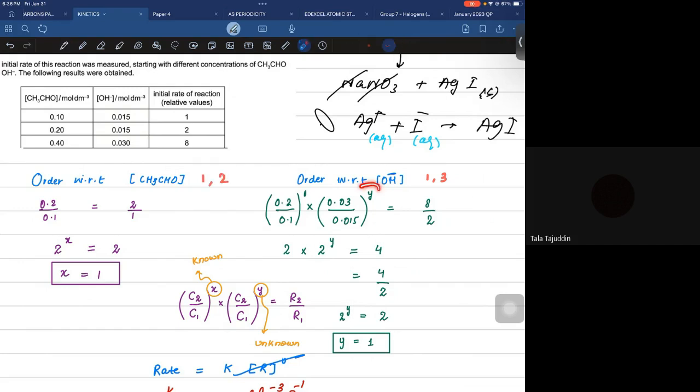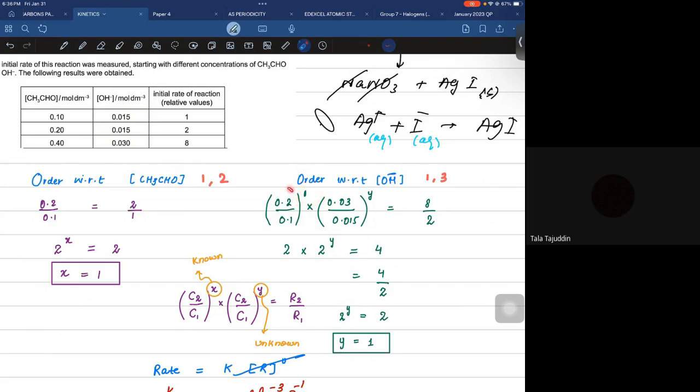So I have to find out the order of reaction with respect to OH minus. I have mentioned that this is y, the order of reaction with respect to OH minus. And I know the order of reaction with respect to CH3CHO, so I just put 1 over here.